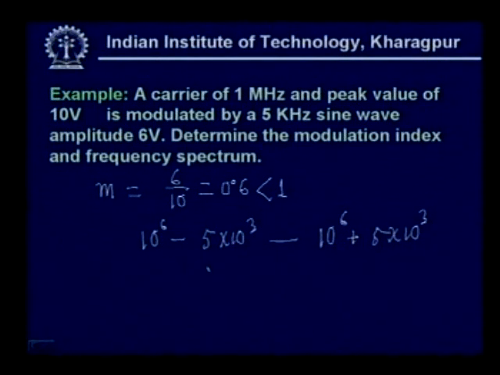So, you see this will be the range of frequencies, and bandwidth is the difference of the two, that means equal to 10 into 10 to the power 3 hertz, or the bandwidth is 10 kilohertz. So, we see that bandwidth is not very high, twice that of the modulating signal.